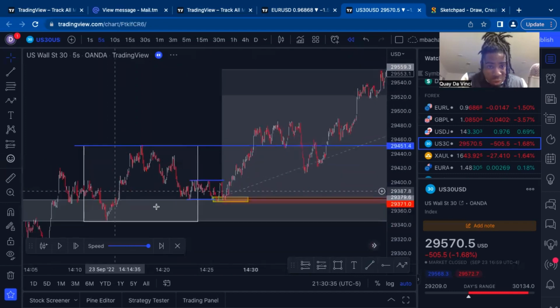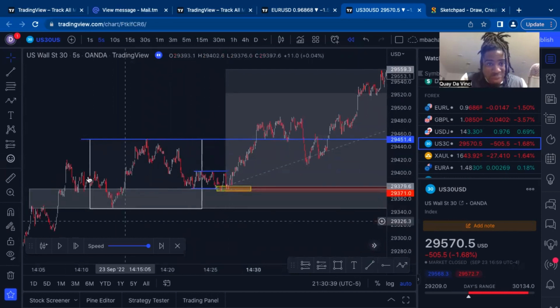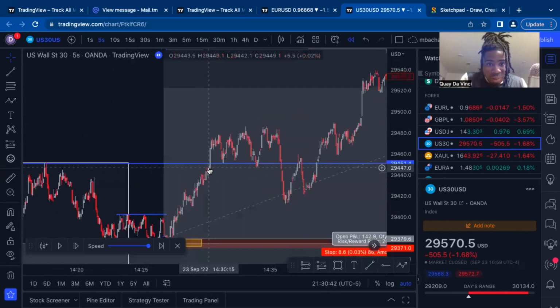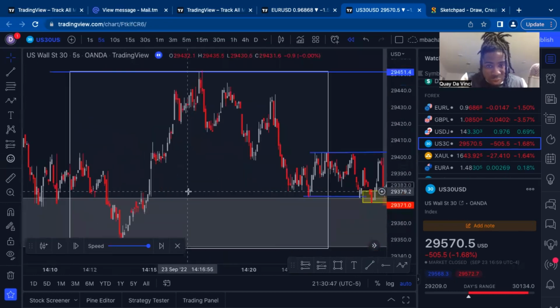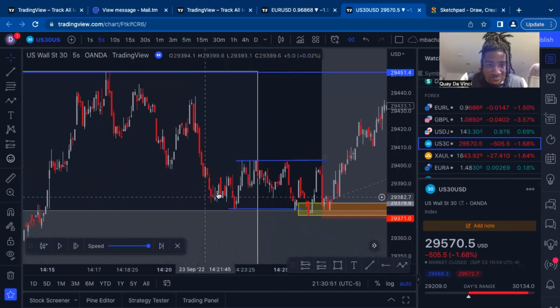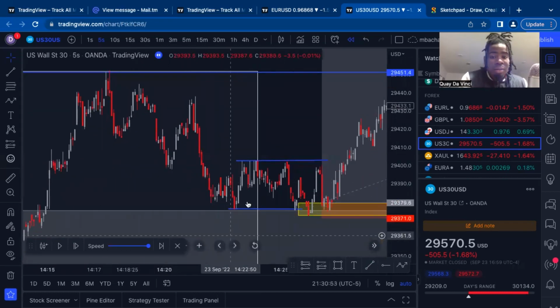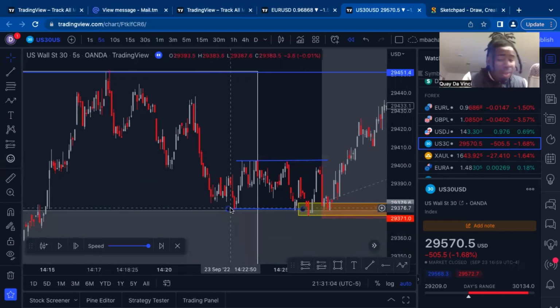It created liquidity right above that area, took the liquidity, tapped into this 1 minute order block, made the spring from this 1 minute order block, came back. Let me go close up, y'all. Created liquidity right above this order block, this whole 1 minute order block. Made it look like it was going to go into a downtrend, basically taking liquidity under here. Anybody who had stop loss under this range got took out the game.